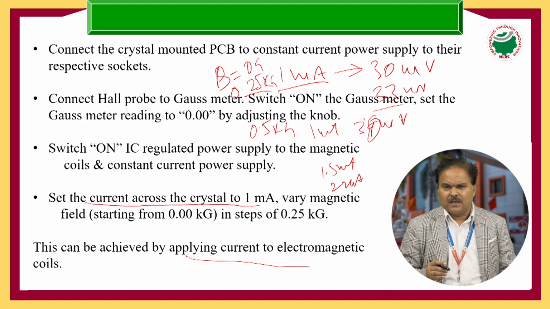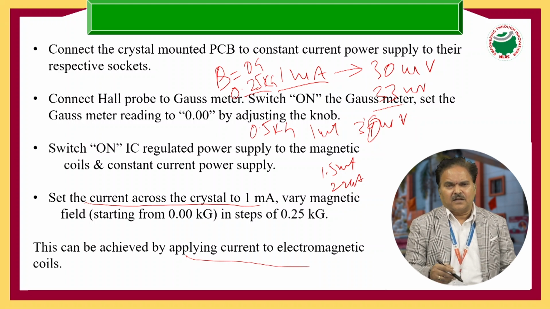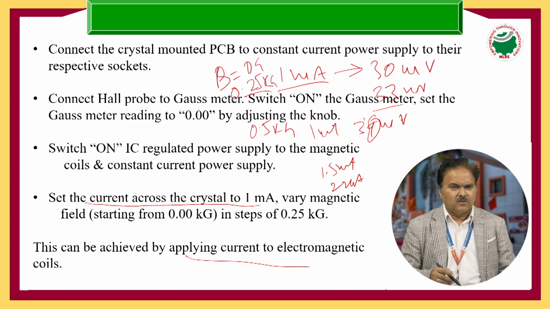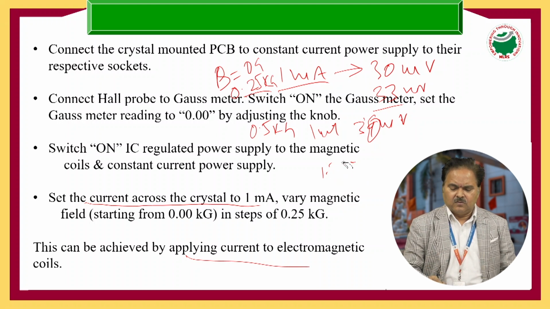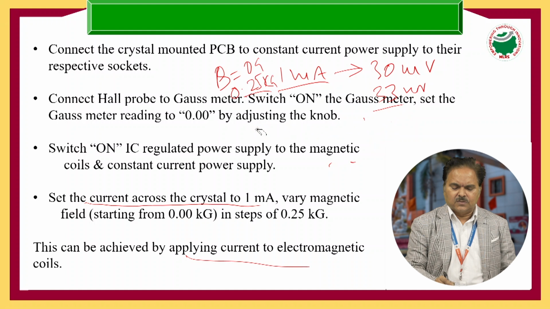If you want to check properly, switch off the magnets, then measure the current and voltage characteristics. That means if you send the current, voltage will be there. You can compare how it varies with and without magnetic field. You can see very clearly there is a difference.